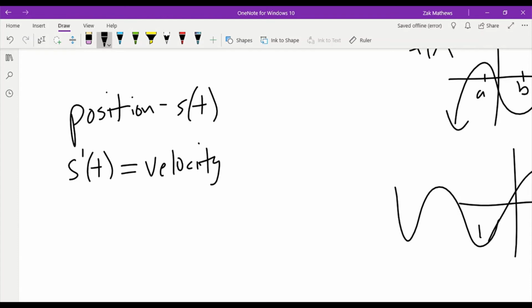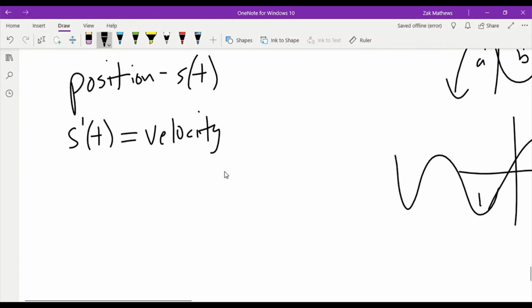If I'm looking at how a car is traveling down the road, and I look at an instant in time and I want to know what its rate of change is, we define rate of change as speed, or to be a little more precise, velocity, because velocity builds in whether it's going forward or backward. What if I take the derivative of velocity, or the second derivative of position?